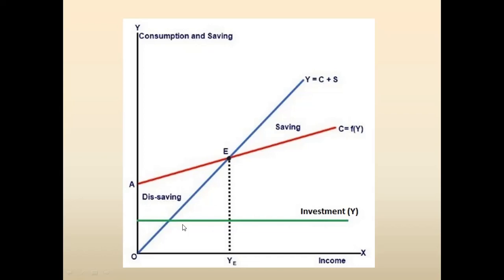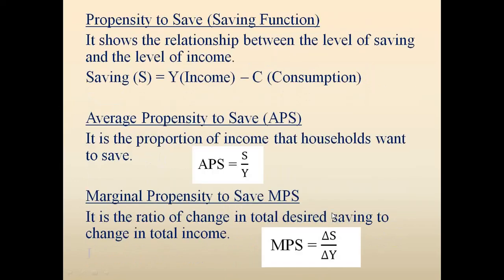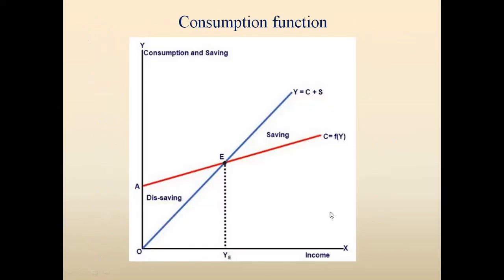So this green line which I'm showing out here is nothing but the autonomous investment. If you draw a green line, or any kind of horizontal line, that is your autonomous investment.